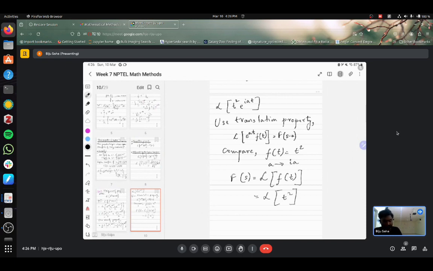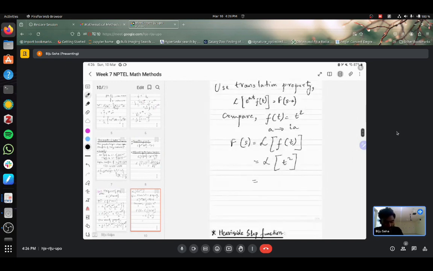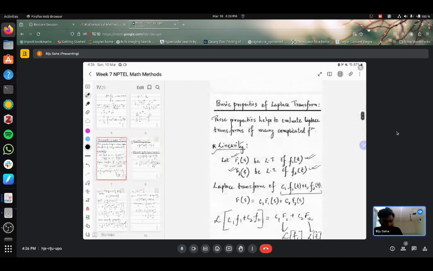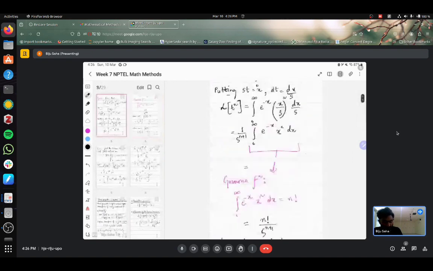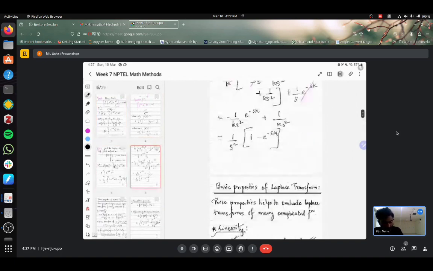The Laplace transform of t square: remember, we derived one very general equation here. If we use this, in that place n is equal to 2.